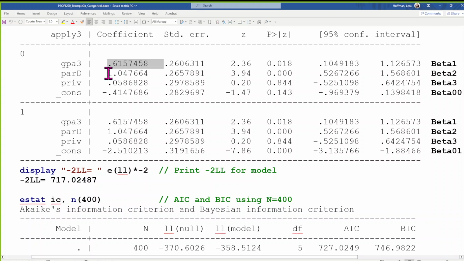Right? Yes, so 0.6 is the expected change in the logit of being a 1 or a 2 instead of a 0. But it's also the expected change of being a 2 instead of a 0 or a 1. This is the same number here because the model is forcing them to be the same.